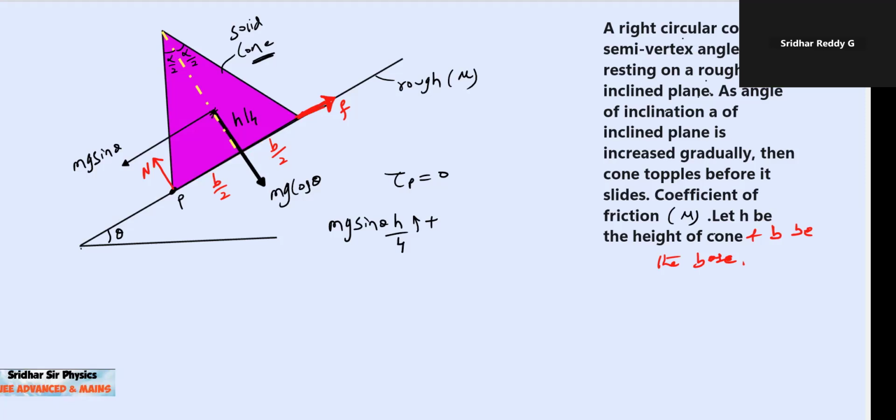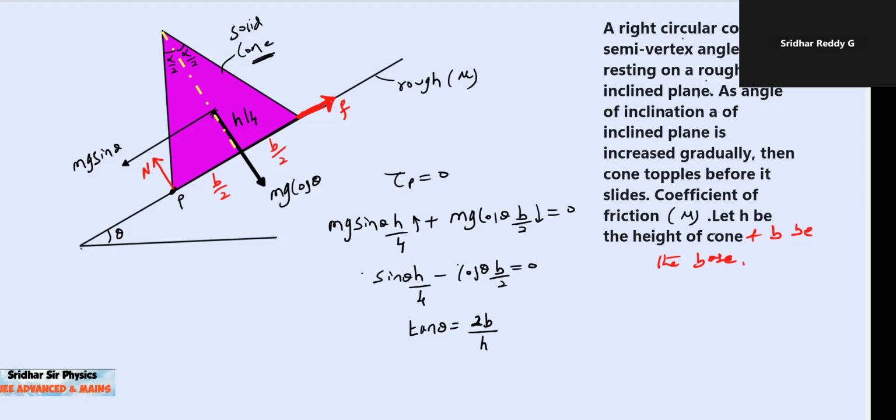So torque due to mg cos theta: the perpendicular distance is b by 2, and mg cos theta. mg will get cancelled out. Tan theta equals 2b by h.